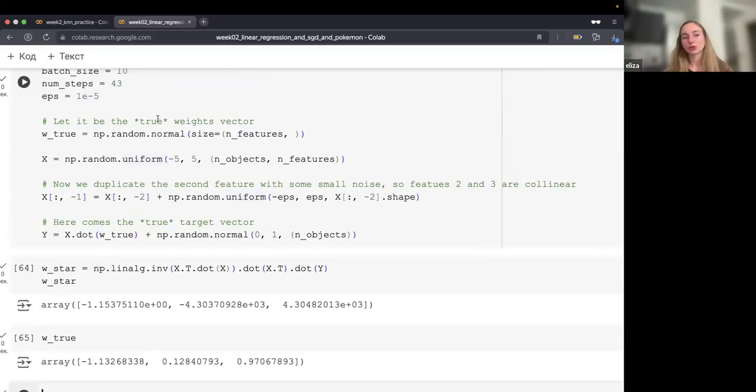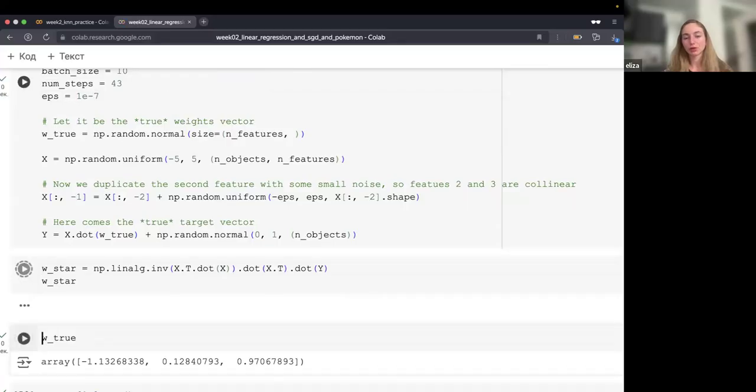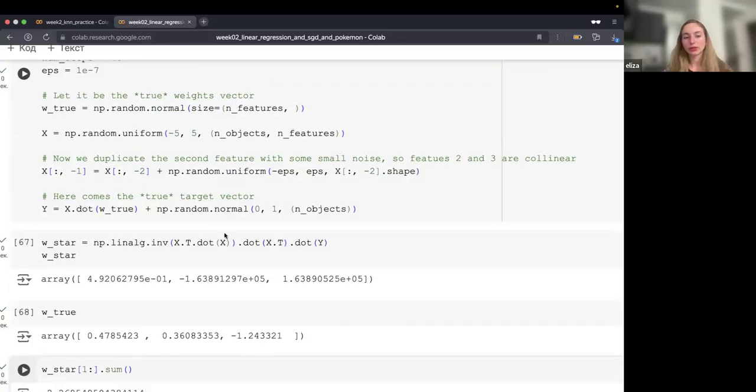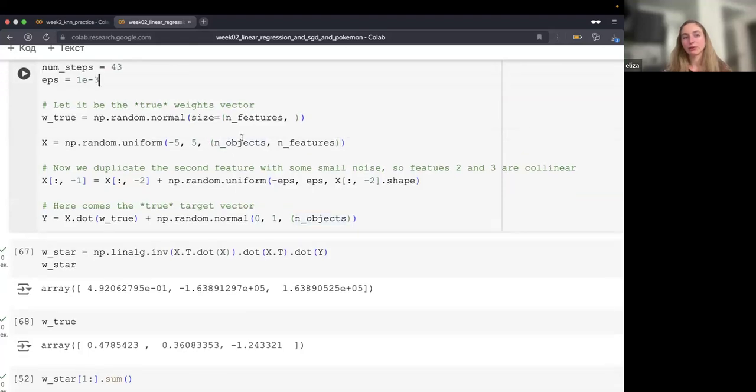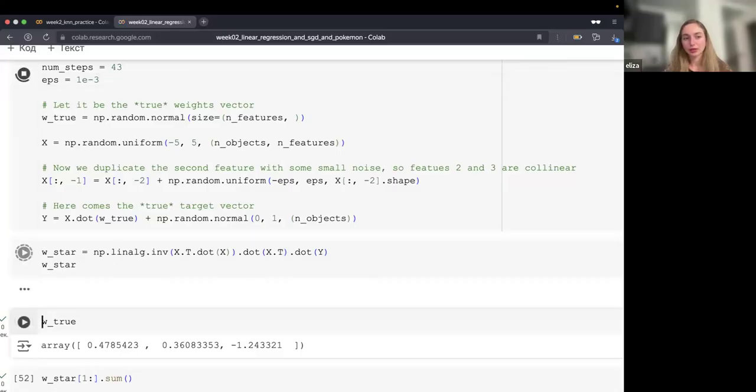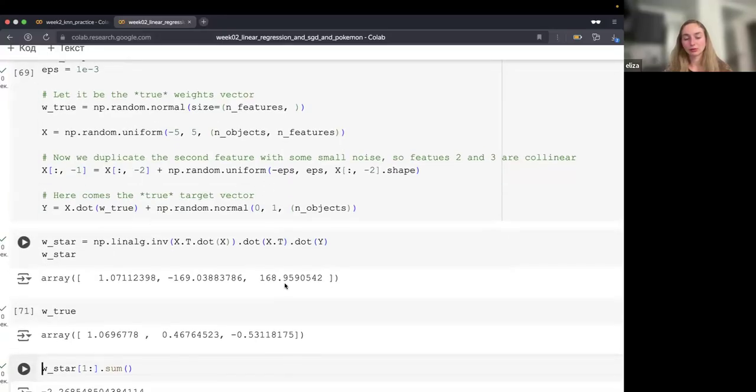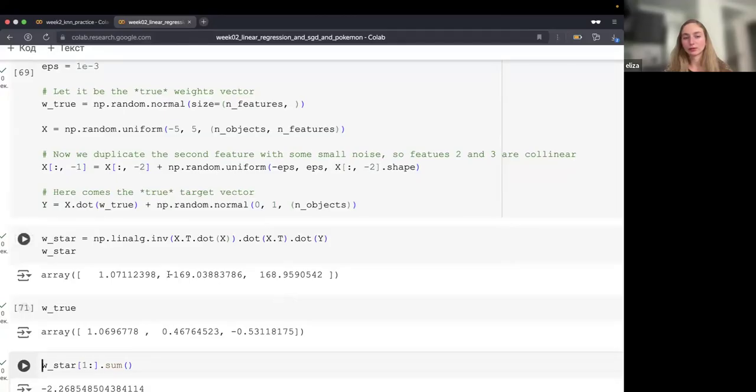If you change your noise value, you will get a different value for your weights every time. And it's a really bad situation. Do you understand why?